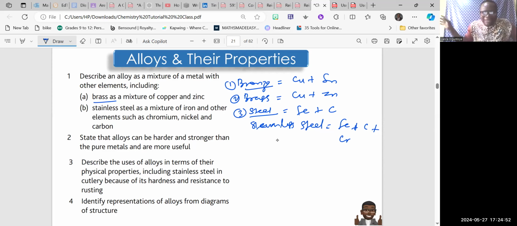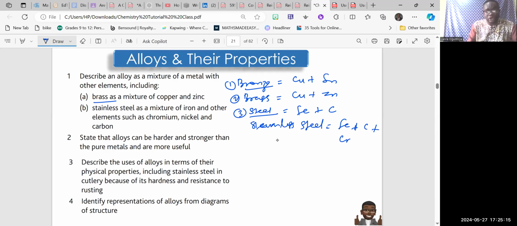We melt metals together because the atoms of each of the metals need to lock with one another. So alloys are made by what? Melting different metals to work together. Learning outcome 2 states that alloys can be harder and stronger than the pure metals and are more useful.